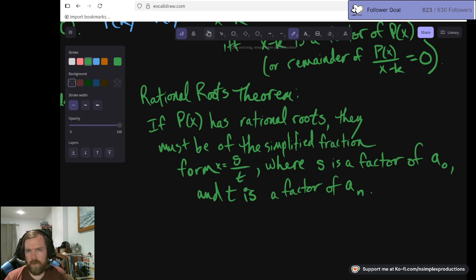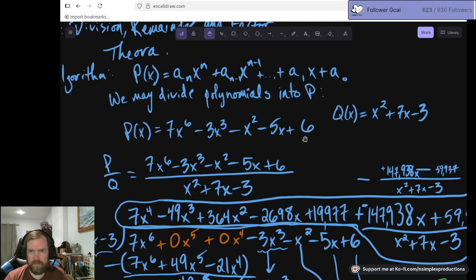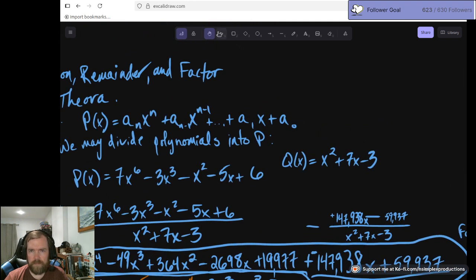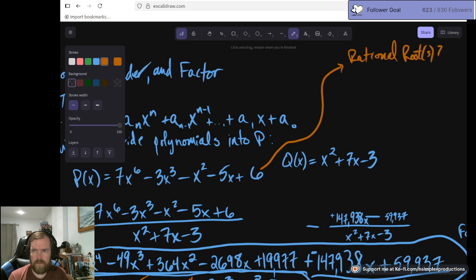So before, what we'd had, we don't know if there are any rational roots, but if there are any, they will have to be of the form.